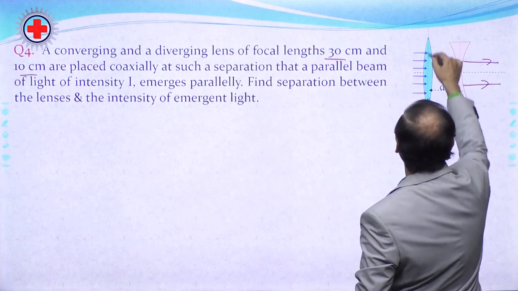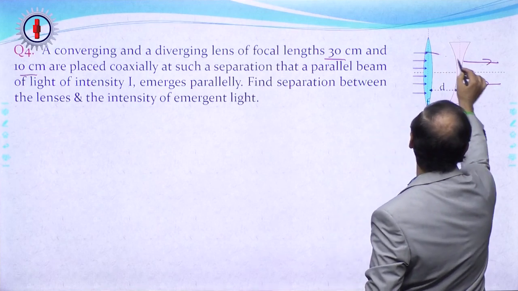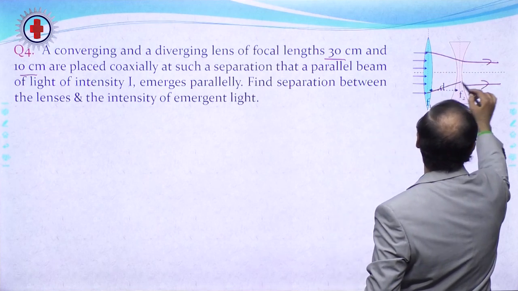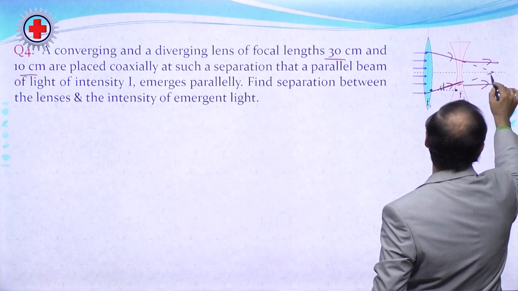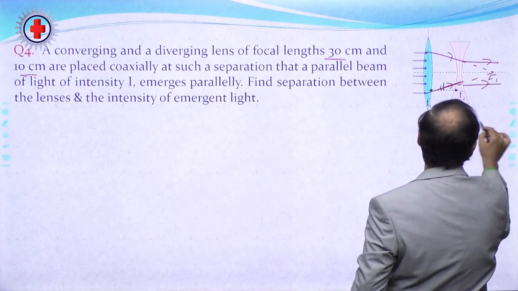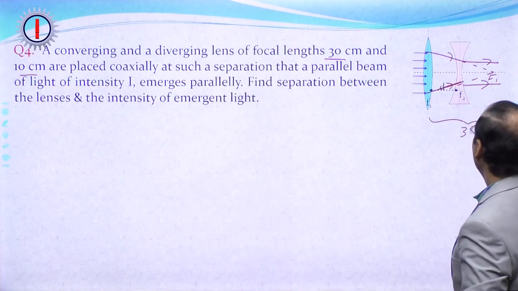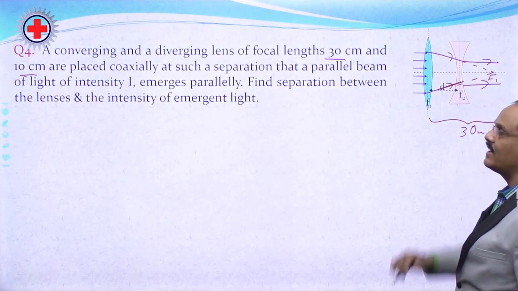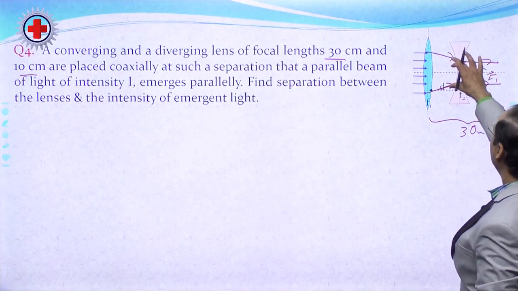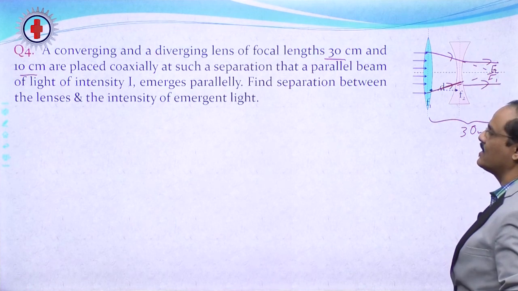You see, a parallel beam of light on a converging lens is supposed to converge at the focus, the primary focus of the converging lens at f1. So, this distance has to be equal to 30 centimeter. Now, the rays are coming out parallelly from the diverging lens. That means the rays are converging to the secondary focus of the second lens.